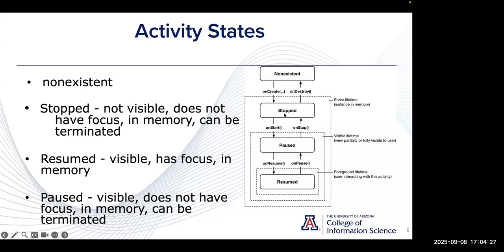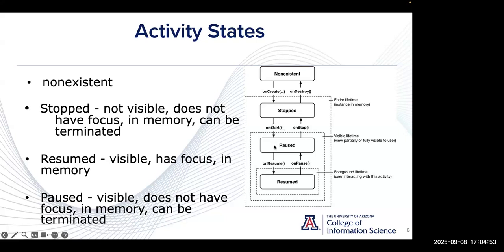So going here in this diagram, we have non-existing. Again, it doesn't exist. The app is closed. Nothing is done. When you first open the app, we call onCreate, and this onCreate takes us to the life cycle of the actual activity, the application, and it takes us to stopped. It's stopped until you do the onStart.